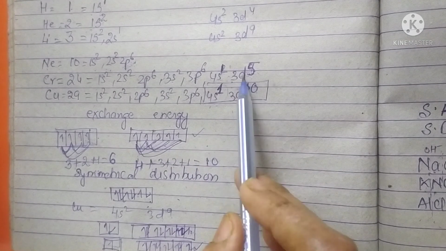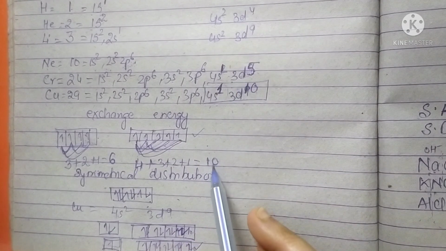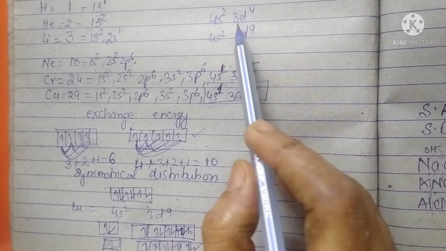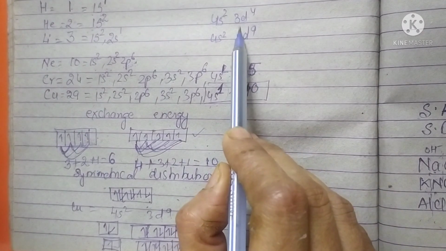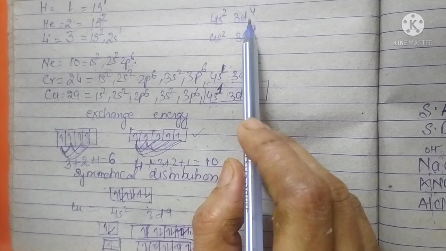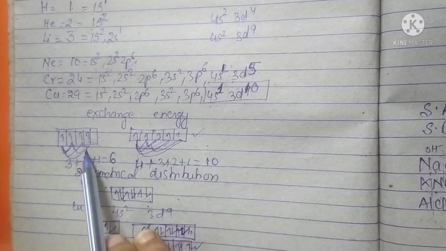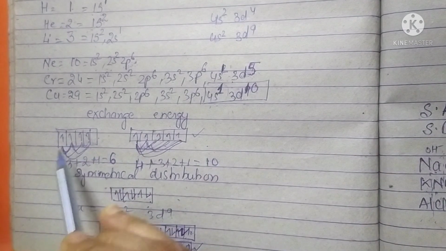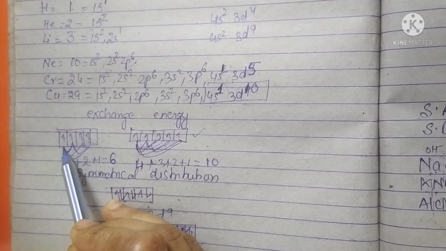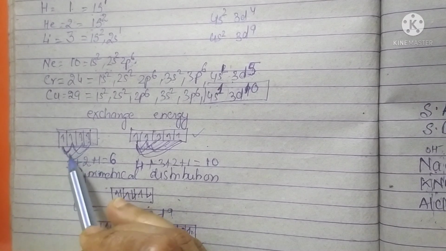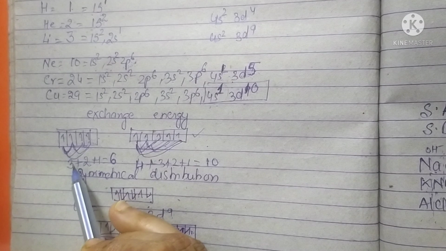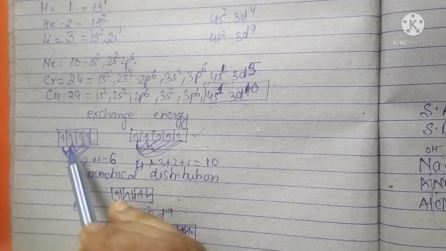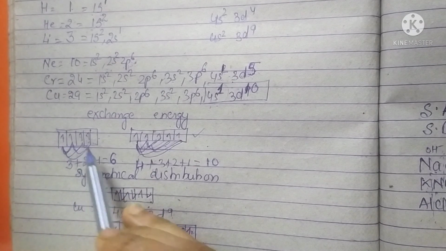So for 3d5, there will be 10 exchanges, and let us write 3d4 and see how many exchanges are possible in the case of 3d4. This is the 3d4 configuration, and this electron can move to this, this and this, meaning 3 exchanges. For this it is 2, and for this it is 1.